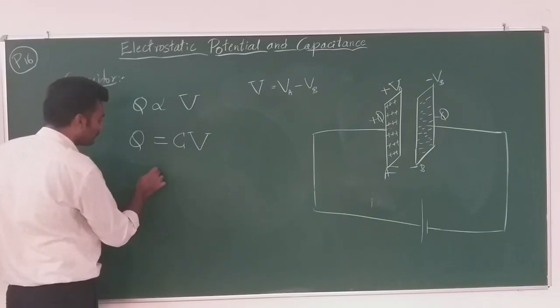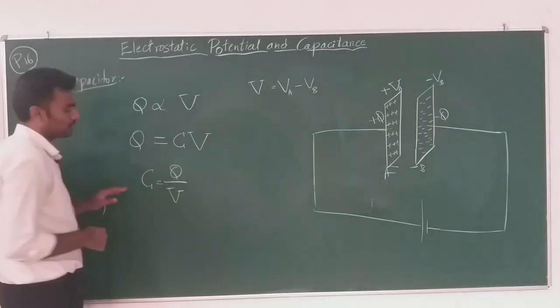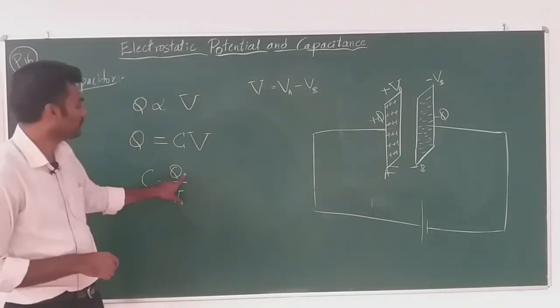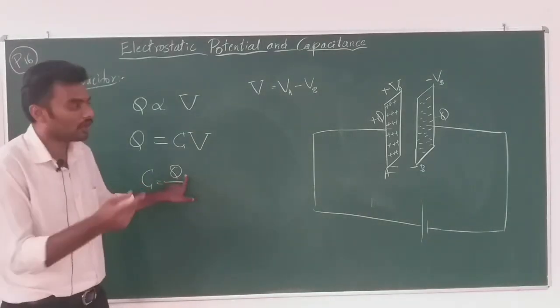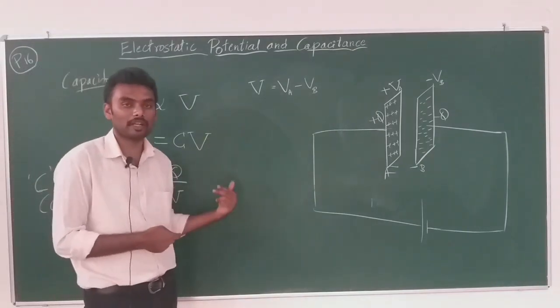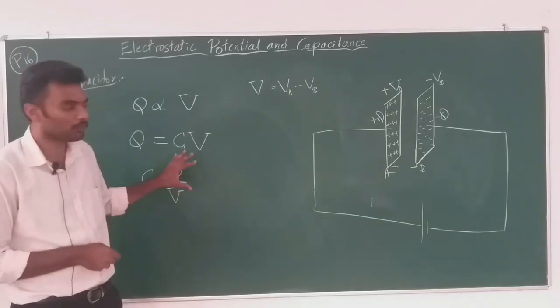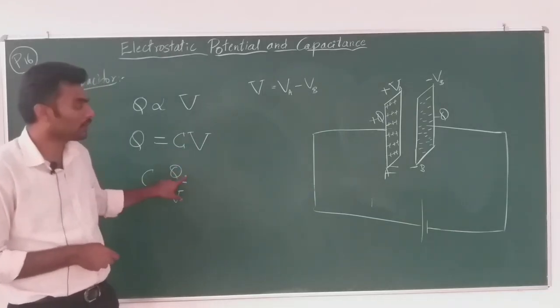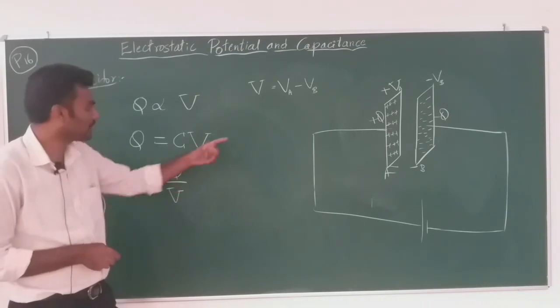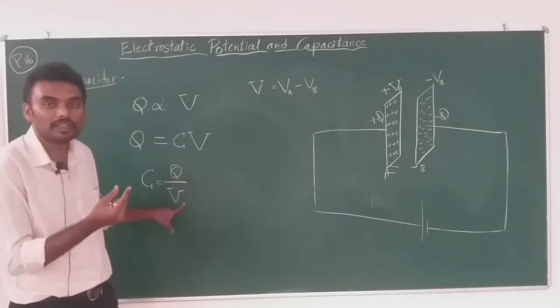So C becomes equal to Q by V. It's the ratio. Capacitance of a capacitor is the ratio of the magnitude of charge accumulated on either of the plates, plus Q or minus Q, to the potential difference between the plates.